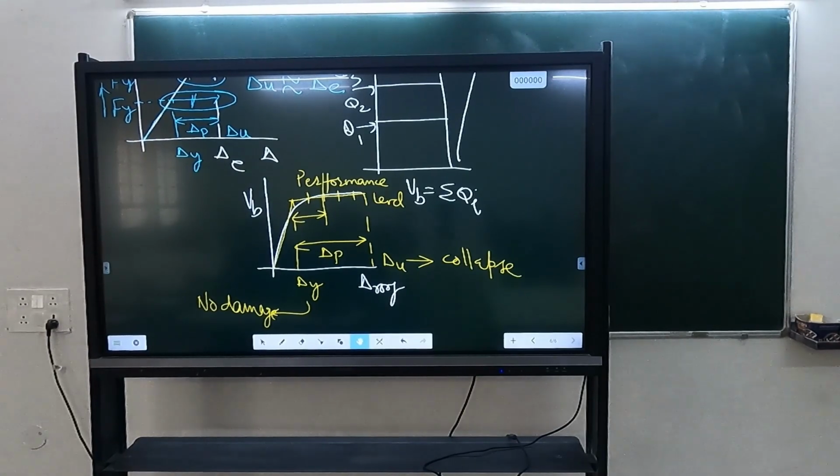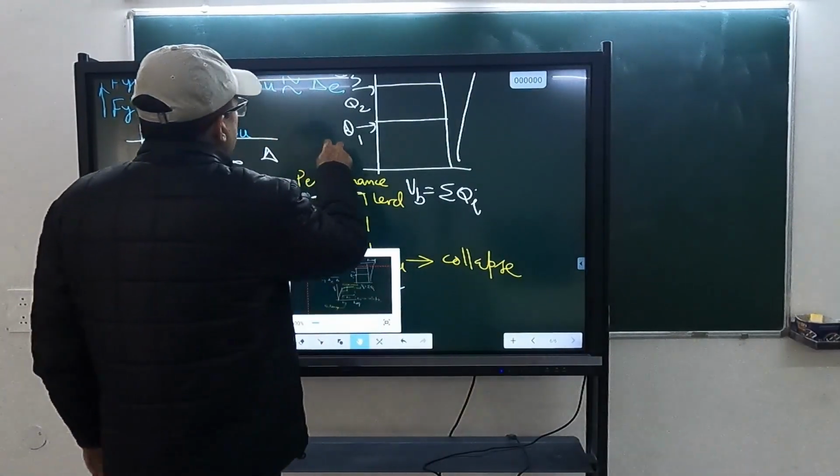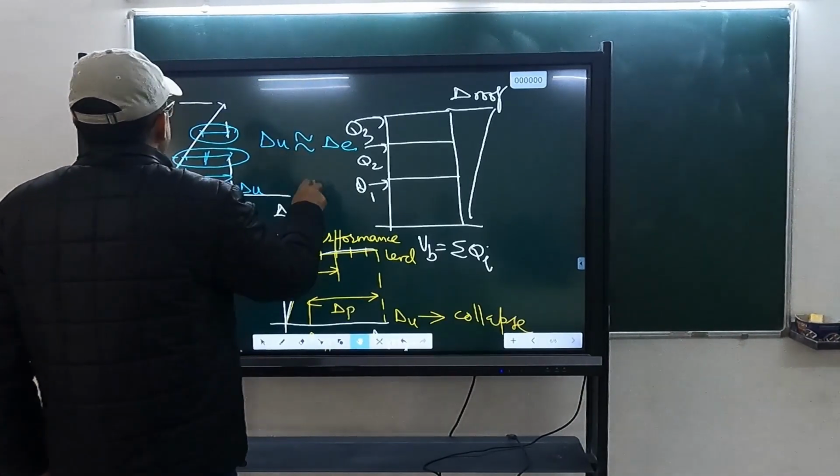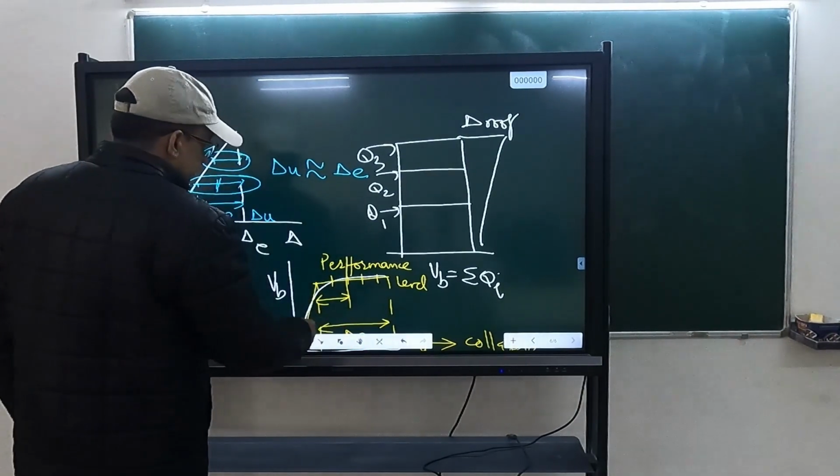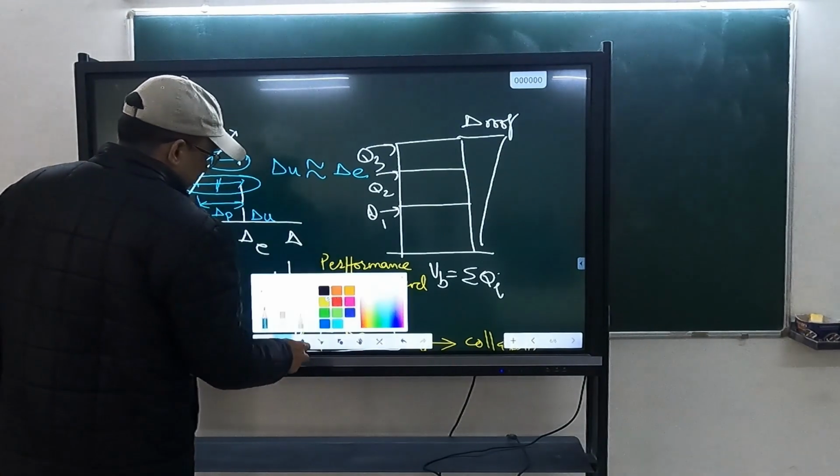So if we increase the size of the members, the elastic range will anyway increase. The strength it takes will increase. But once the plastic hinge forms, won't the range still be similar? The range will be similar, but what I will be utilizing out of that will be less. So here you see, suppose this is my structure capacity.